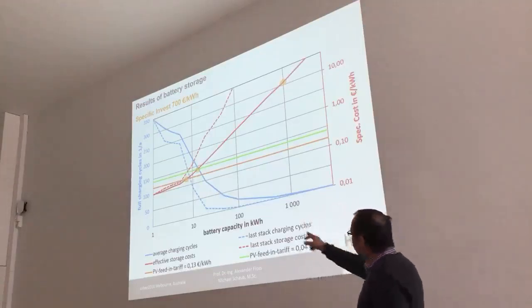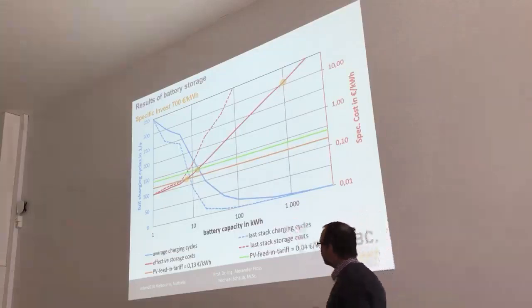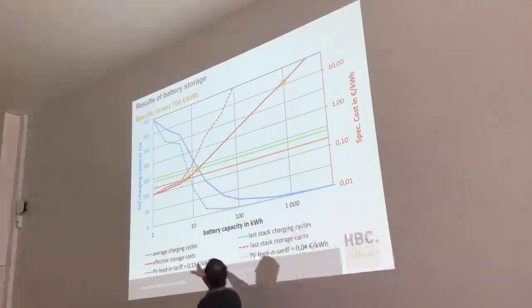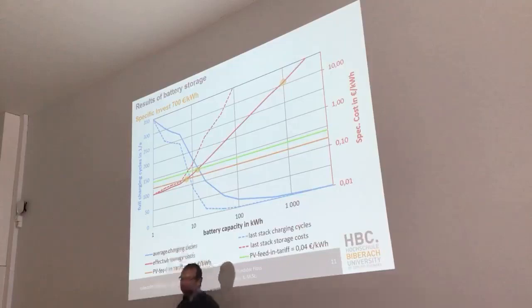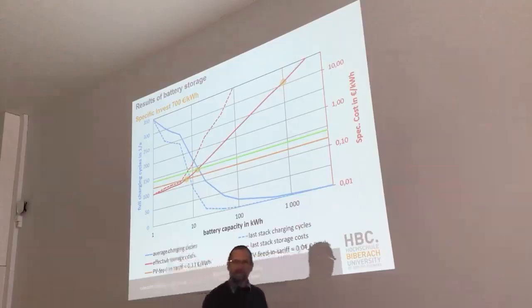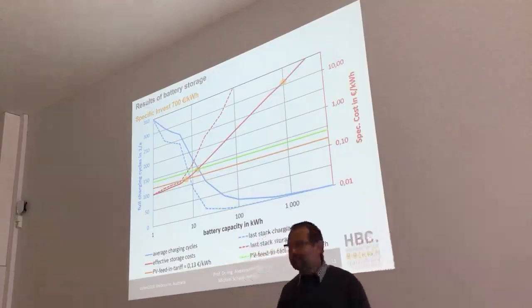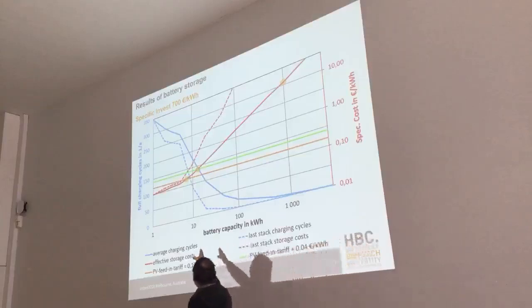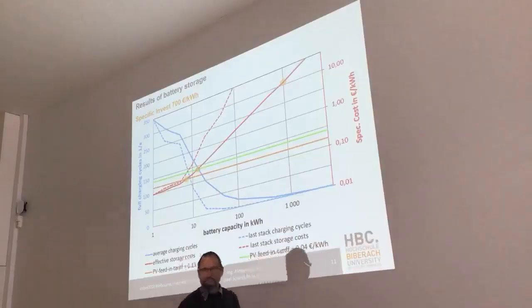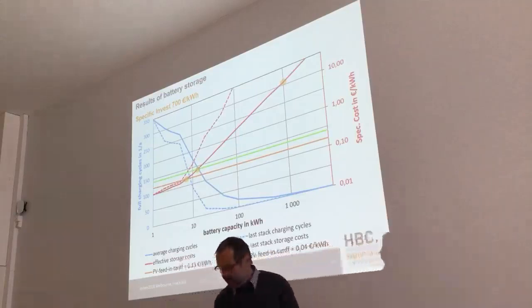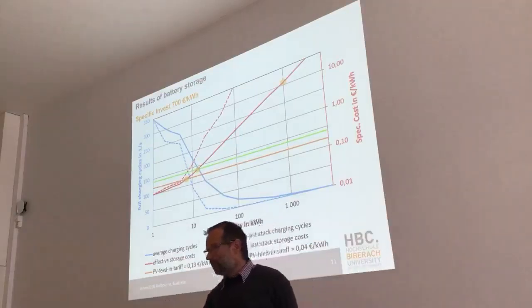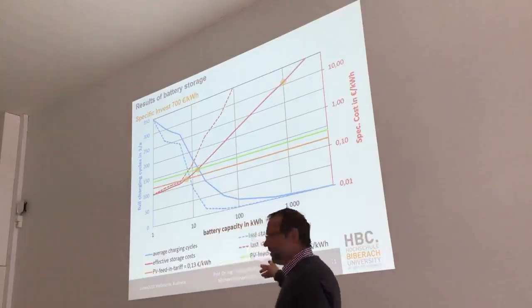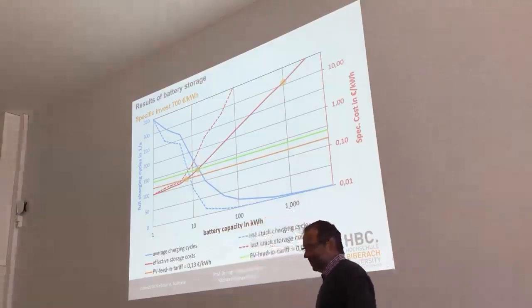If you assume this, in this house a battery system up to a size of around 7 to 8 kilowatt hours can operate under economic conditions. In the near future, if the feed-in tariff drops, you can also use larger batteries with a size of about 20 kilowatt hours under economic conditions. Larger battery sizes will never be economical.